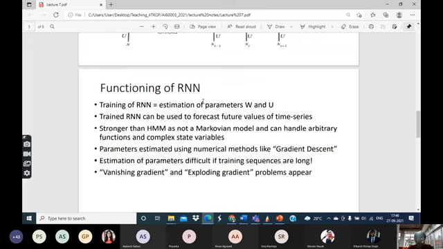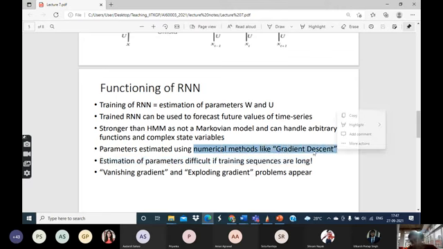To train an HMM you needed lots of time series. Similarly, here also you need lots of time series to train an RNN. Unlike the Baum-Welch algorithm, which is based on probabilities, the RNN parameters are estimated by numerical optimization methods such as gradient descent.